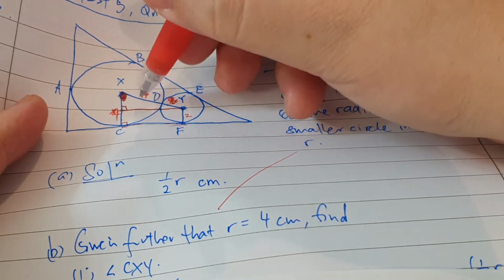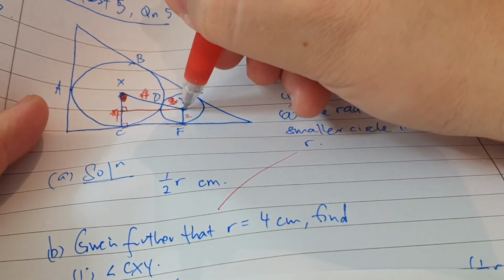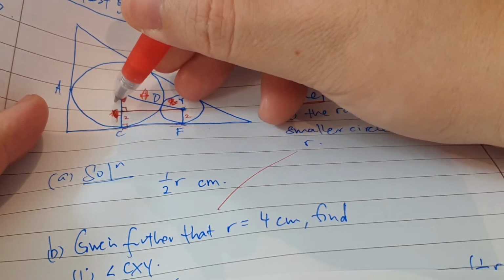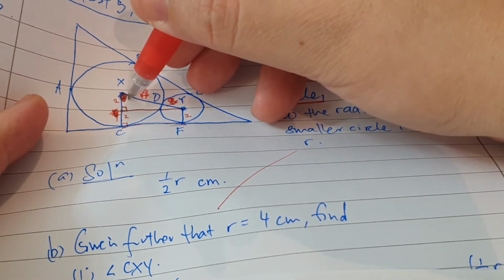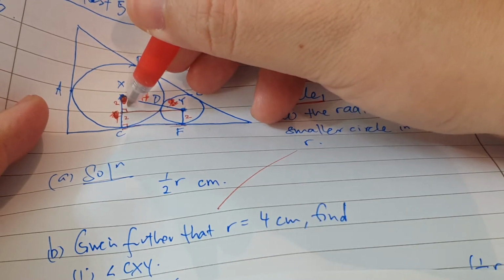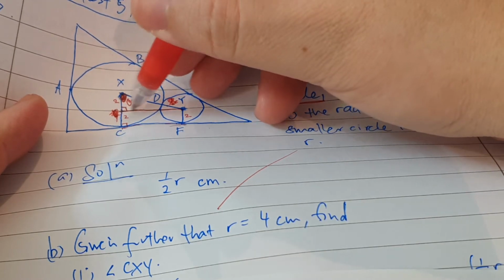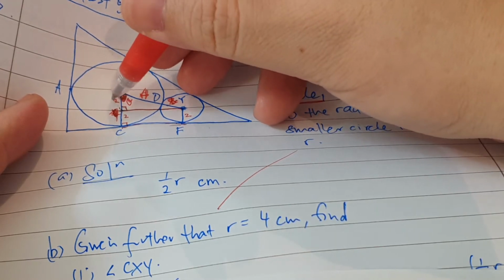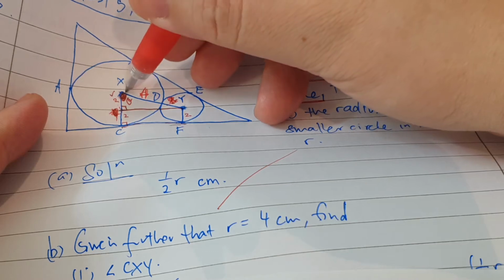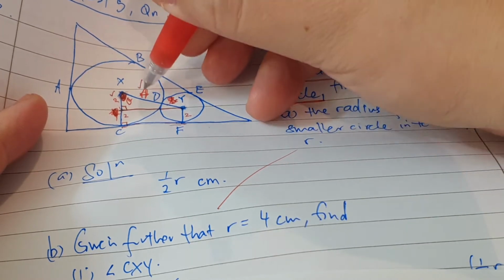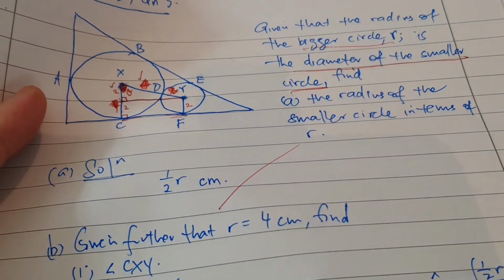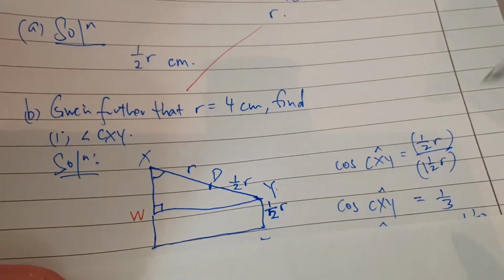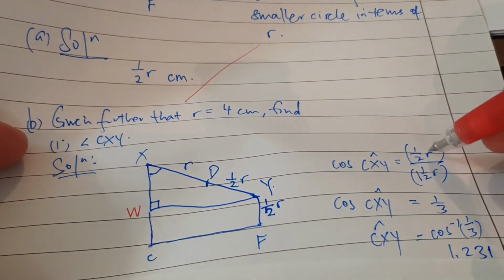So if they are parallel, if this is 4, this is 2, this must be 2, 2. 2, then this must be 2. That means I can find this angle. If I call it theta, don't you agree that there's a right angle triangle here? And I know the adjacent. This is the adjacent. And I know the hypotenuse. This is the hypotenuse. 4, right? Okay. Then I can find my CYX.